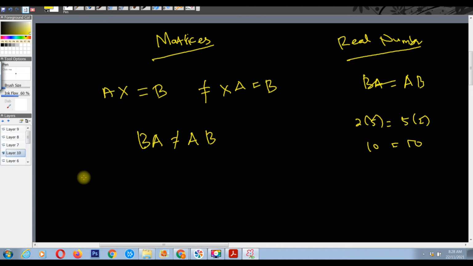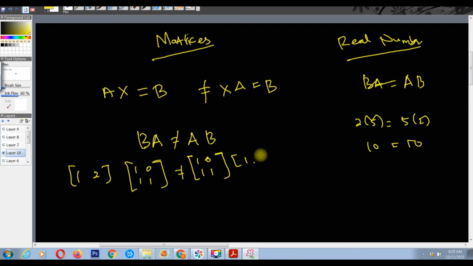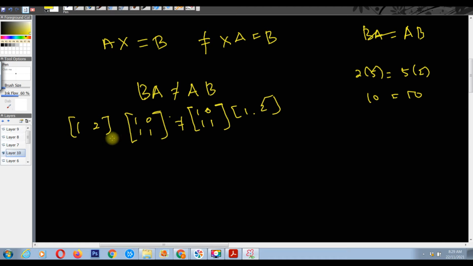But here it is not. For example, we have a 1, 2 matrix, and then we have 1, 0, 0, 1. That is not equal with A. What is A? A is 1, 0, 0, 1. And the other is 1, 2. If you process this, we will get something not equal. First row, first column is 1, plus 2.